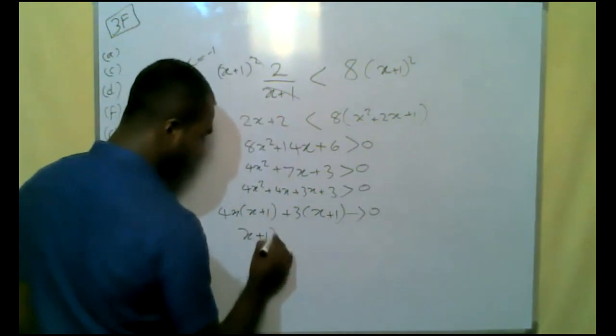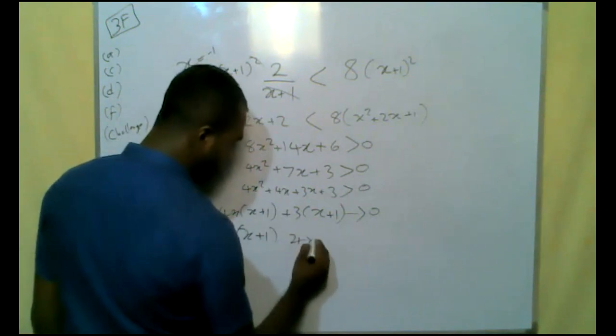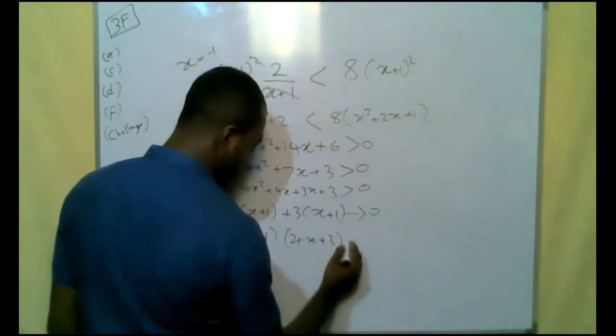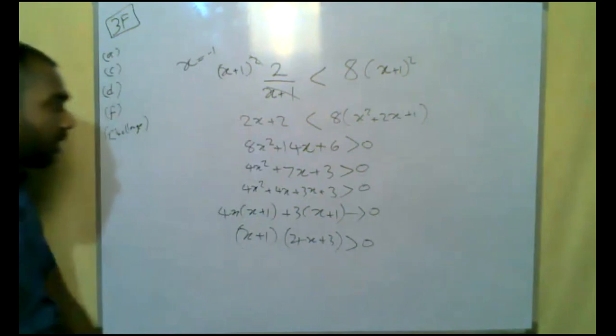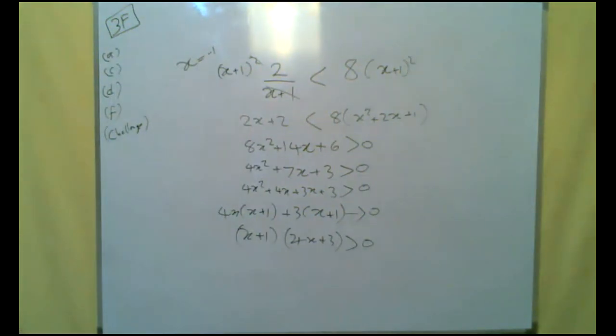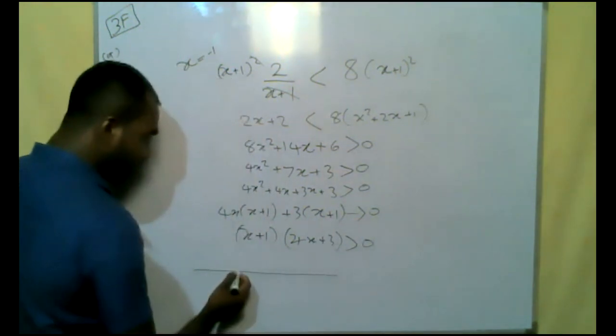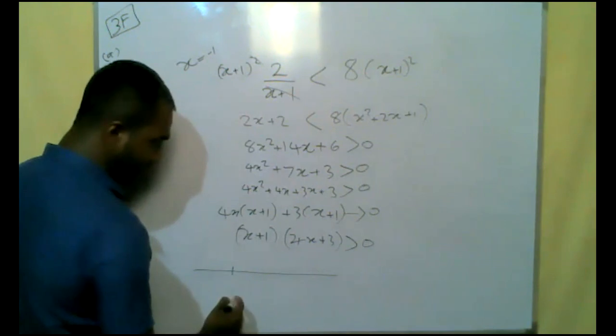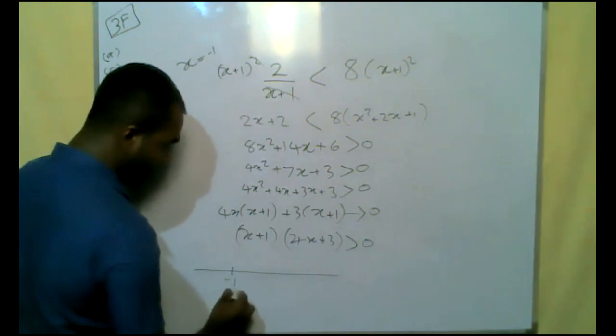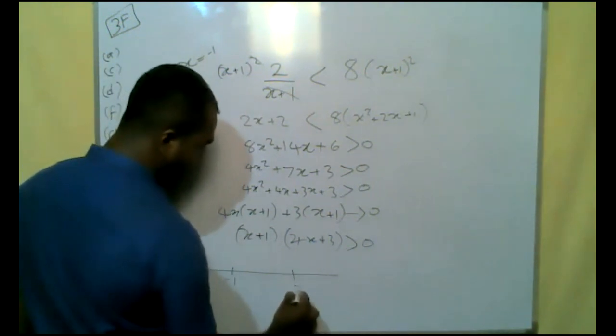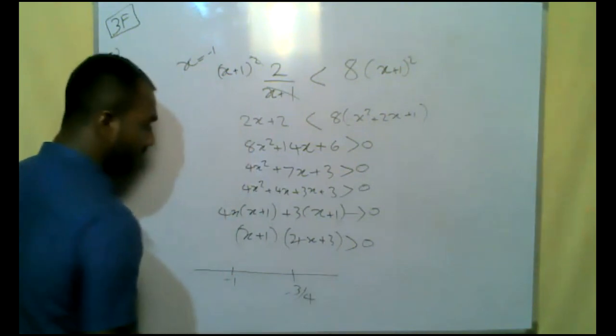So the factors are (x plus 1) and (4x plus 3), and the product should be greater than 0. So one point will be minus 1. The other point will be minus 3 over 4.